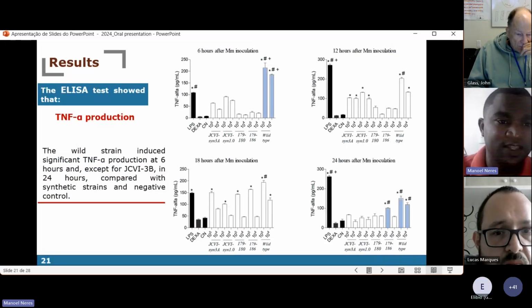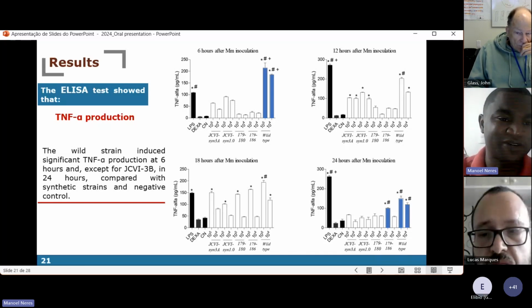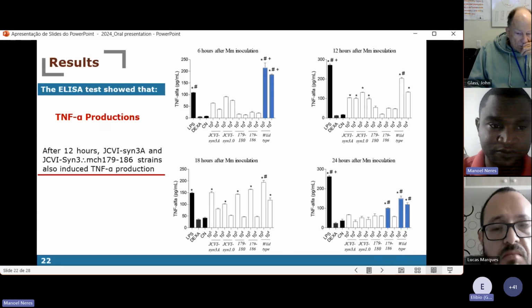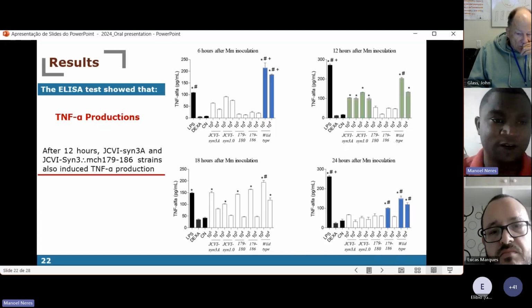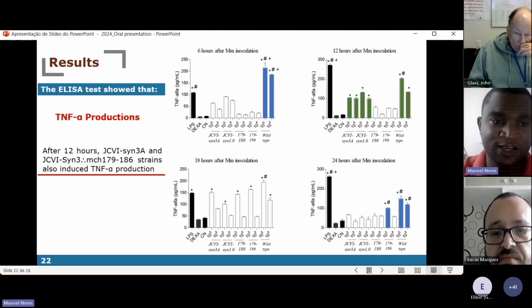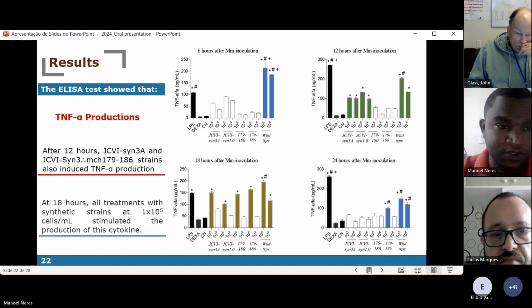For TNF-alpha production, the wild strain induced significant TNF-alpha production at 6 hours and, except for JCVI-syn3B, at 24 hours, compared with synthetic strains and negative control. After 12 hours, JCVI-syn3A and JCVI-syn3B also induced TNF-alpha production.